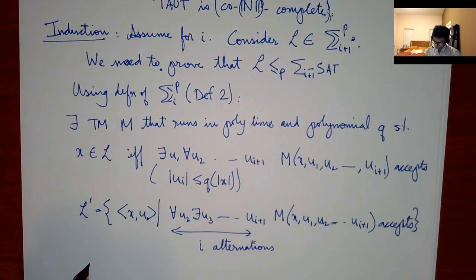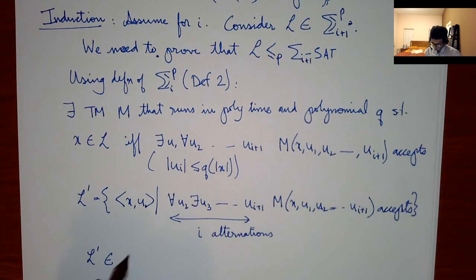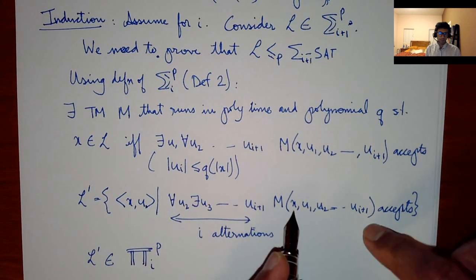Therefore, L prime is basically in pi I, right? Because it's I alternations of some polynomial time Turing machine.